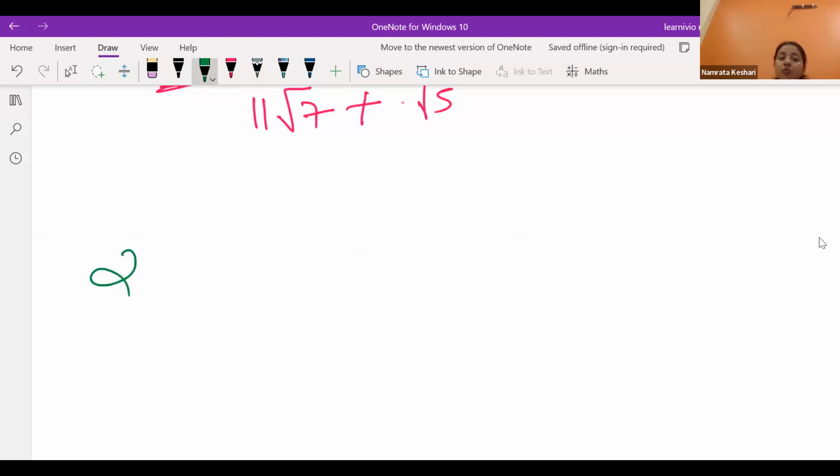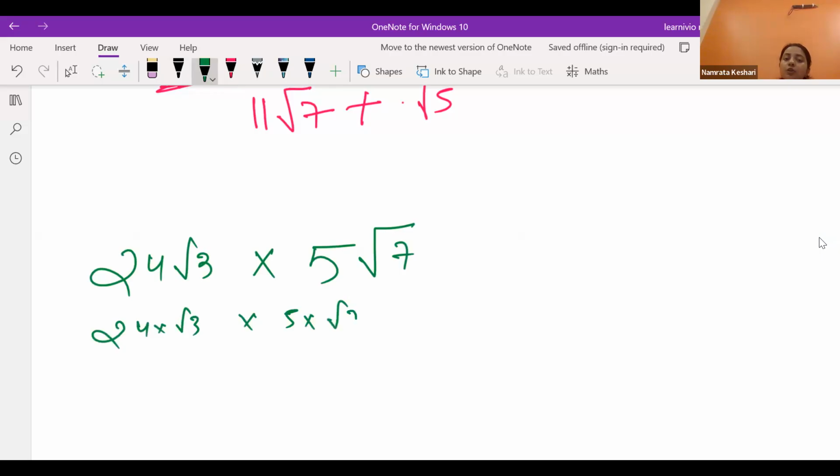If I give you 24 root 3 multiplied with 5 root 7, that means 24 into root 3, and 5 into root 7. So basically you need to multiply all of them together, and while doing the multiplication you can multiply any two together.